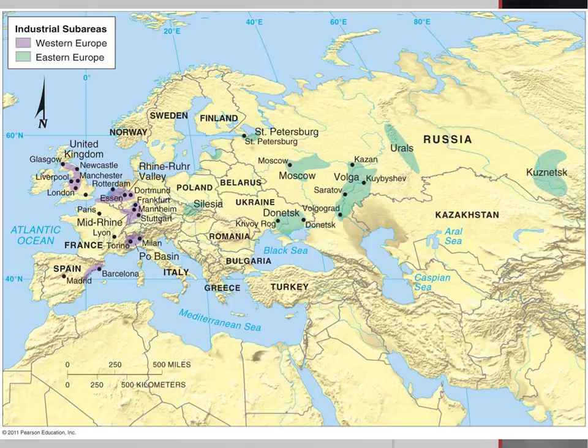In Volga, which is getting a little bit further to the interior part of Russia, petroleum and natural gas. You get into the Ural Mountain region, mining, as well as iron and steel. The Kuznetsk, which is in central Russia, you can see that on the far eastern side of our screen, is going to specialize in coal, iron ore, and steel.